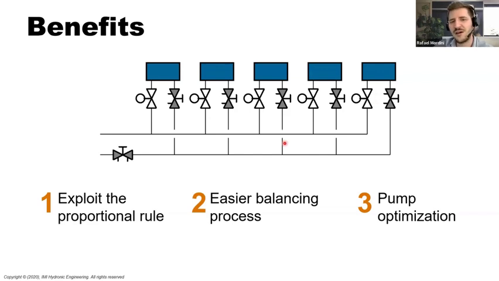So this pump here is always oversized. And I'm from Brazil. Here in Brazil, the consultant engineers, the designers, put some safety factor there on the pump. And the mechanical contractor, when installing it, puts their own safety factor. So by the end of the day, we have a huge pump there.